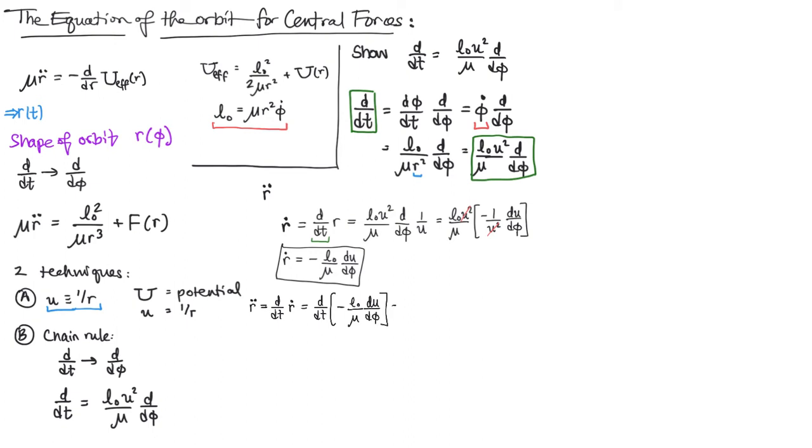So these constants come out, minus L naught over mu. And once again, we're going to use our expression for d dt, like so. And so now when all is said and done, we are going to have r double dot is equal to minus L naught squared over mu squared, u squared, and then the second derivative of u with respect to the angle phi.